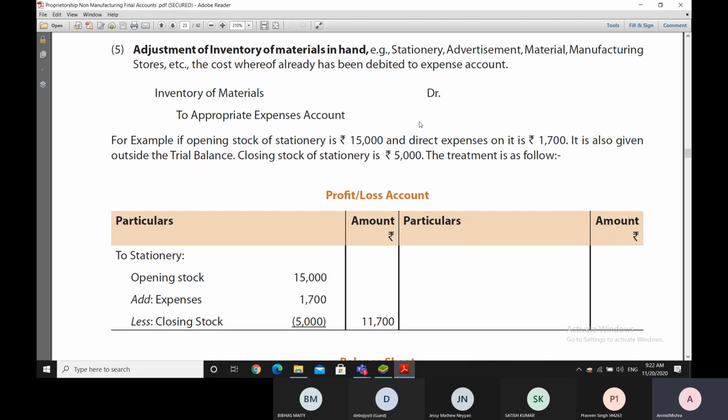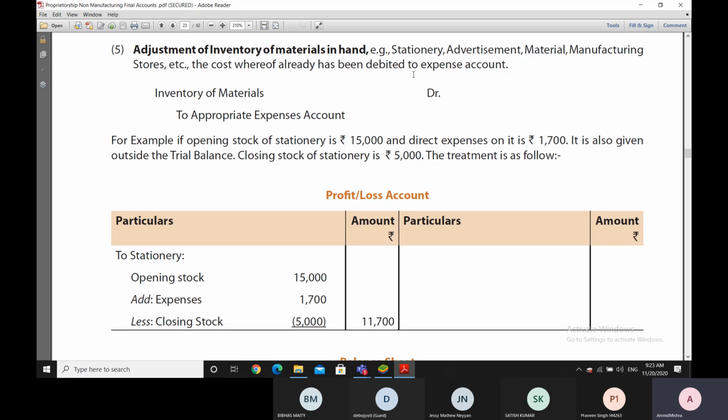Well, what has happened is that we are transferring this expenditure to inventory by doing this, because a certain amount has been debited to the appropriate expense account, let's say the stationery account or the advertisement account or the material account.